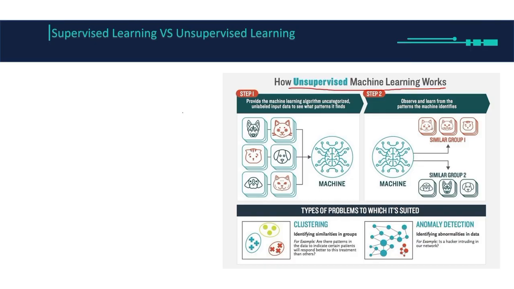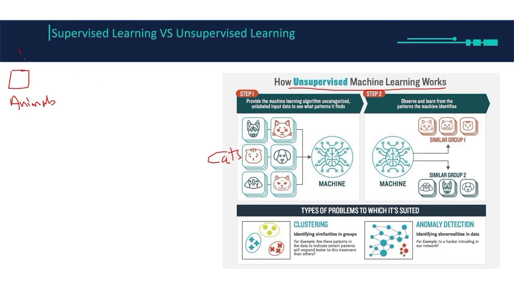Let's say we have the same example, but this time, previously, in supervised learning, we had a folder which was labeled as cats. But here we have a bunch of animal images. Let's say we have a folder called animals. You'll say, okay, this is a label, but I might have different types of animals inside of it.